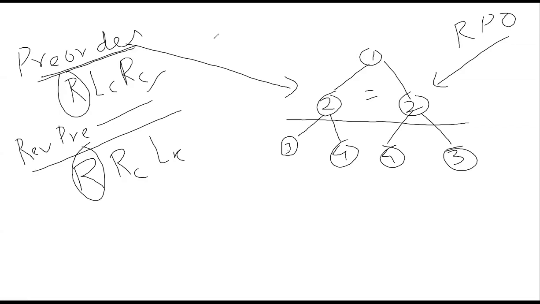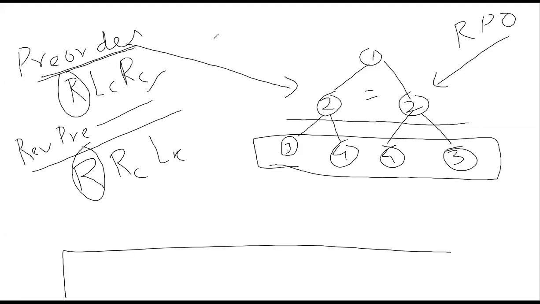Now, instead of comparing these only at this level, we'll also insert them in some sort of a queue where we can take up the next elements to compare. Let's assume that queue is here. Once this level is done, we'll have to compare the children of these elements with the children of these elements.